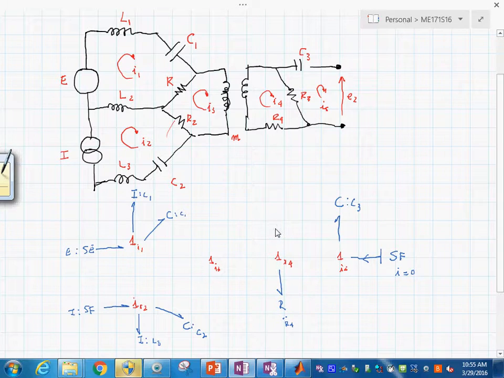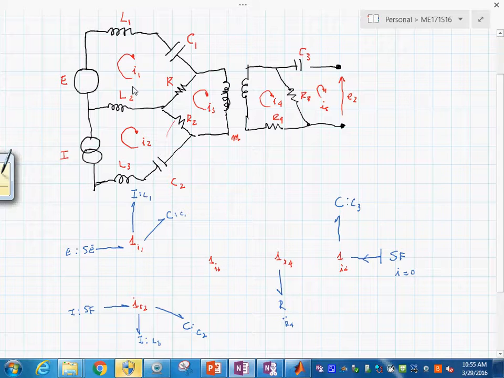So this has set up the structure of my modeling here. What I need to do now is to establish the relative currents or the current differences so that I can model the elements that see those differences. For example, you see you have I1 and you have I sub 2 over here.